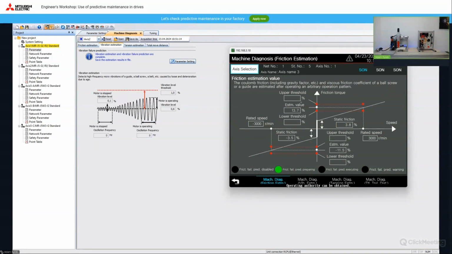But here we can also try to lower the axis Z to the table, and it should cause the friction to increase.